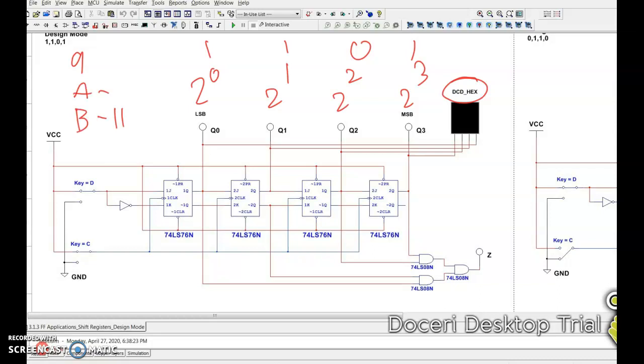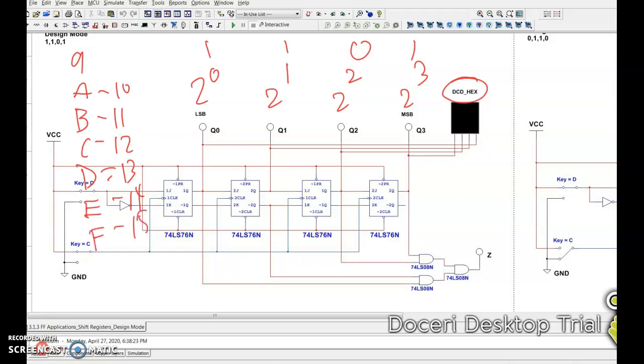So 11 was B. And all the way, you got C was 12, D was 13, E was 14, F was 15, and that was the largest one.